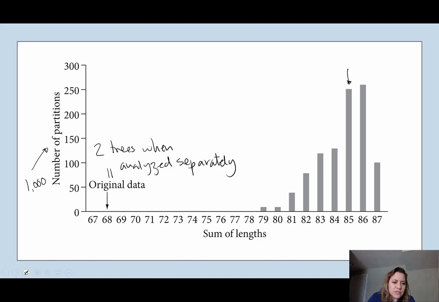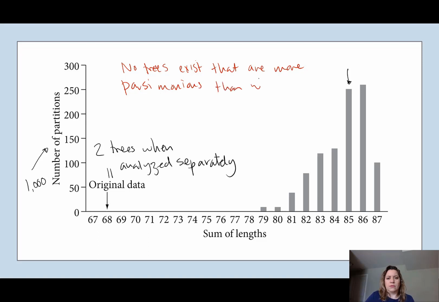What this is suggesting is that no trees exist that are more parsimonious than when the partitions were analyzed separately.